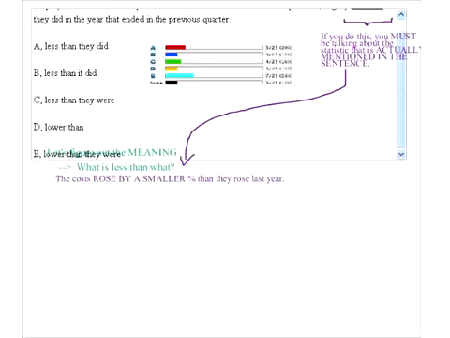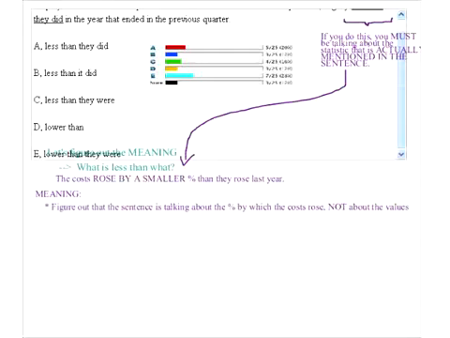There's meaning-wise. You figure out that the sentence is talking about the percentage by which the costs rose, not about the values of the costs themselves. So that's important.